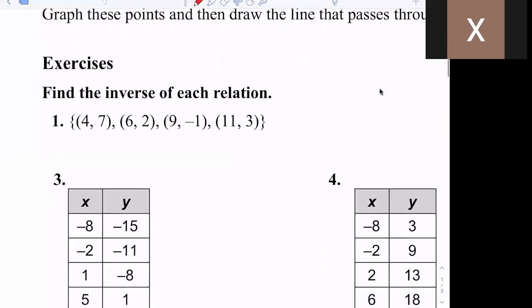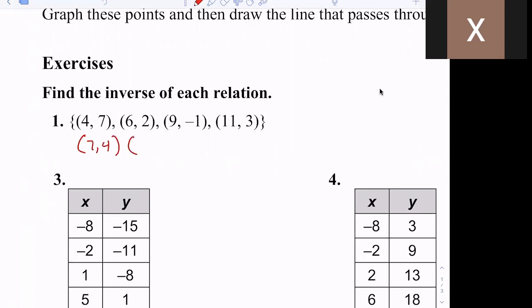If I want to find the inverse of this relation, see where it says 4, 7? What's the inverse? 7, 4. And yet every time on the test, I'm going to have people mess that up. I don't know how. I have no idea. So the inverse would be 7, 4.